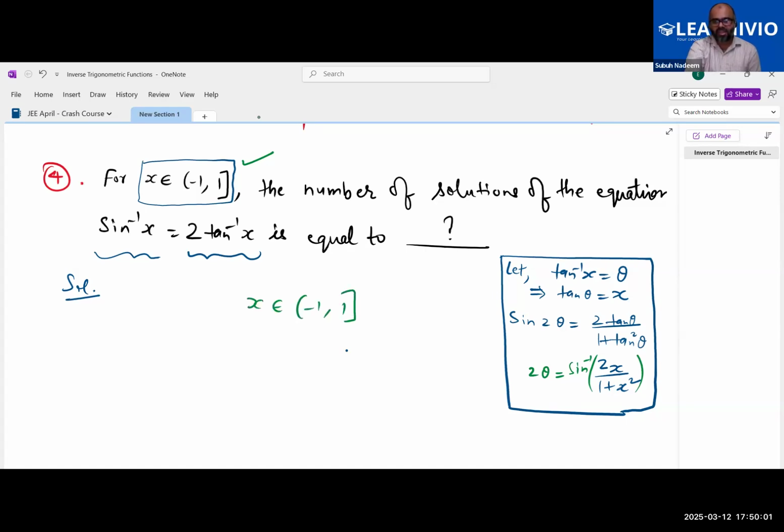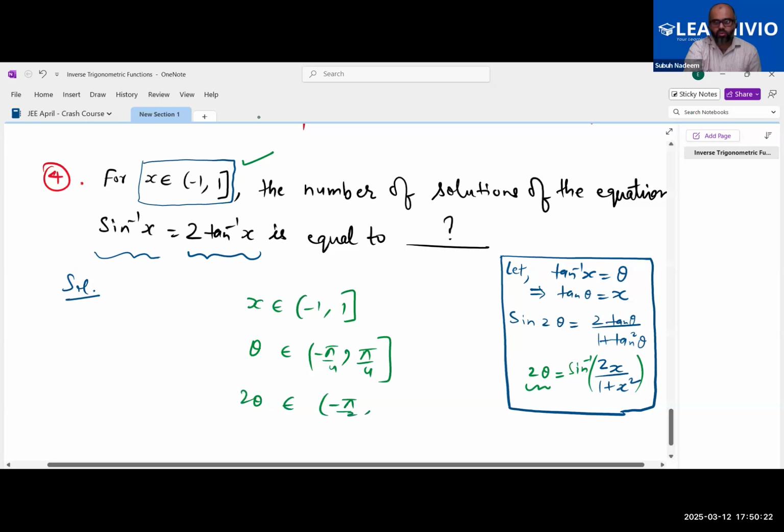It means that tan inverse x, which is theta, is between minus pi by 4 to pi by 4. Theta is tan inverse x, so 2 theta is between minus pi by 2 to pi by 2, which is the principal value region of sine.